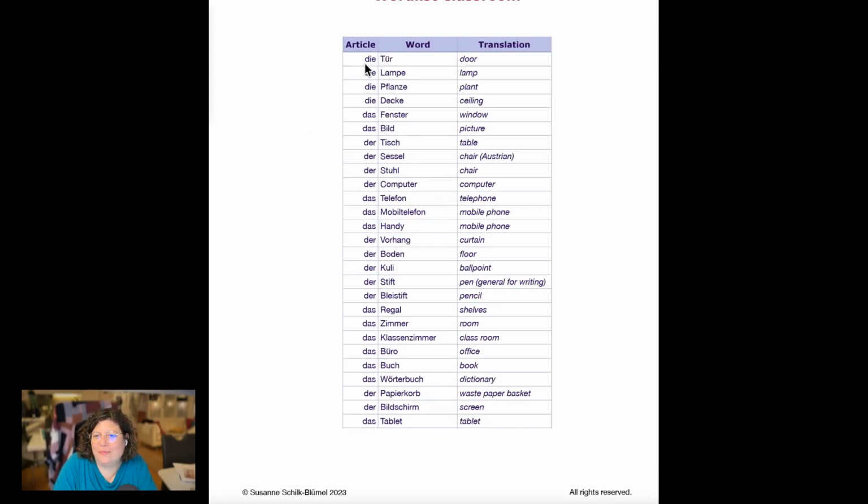Die Tür. Door. Die Lampe. Lamp. Die Pflanze. Plant. Die Decke. Ceiling. Das Fenster.